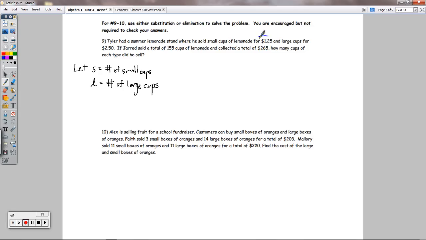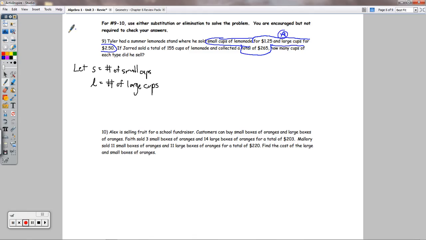And so it's $1.25 for small and $2.50 for large, and the total is $265. So this all goes together right here to make one equation.